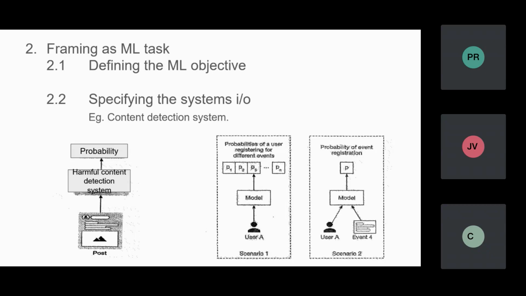In the second scenario, the user and the event are both matched in the model and the probability of registration is given. So in scenario one, the user alone is the input, while in scenario two, the user and the event both are the input, giving us the probability.